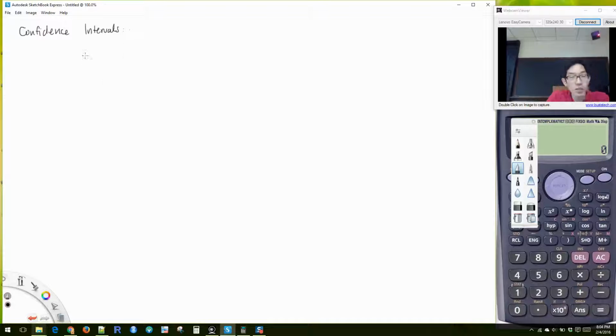Okay, so last week we created a confidence interval for the population mean mu based on the sample mean y bar.